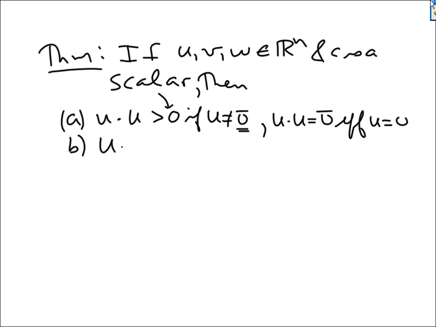Letter B. The dot product commutes. U dot V is V dot U. Think about it.